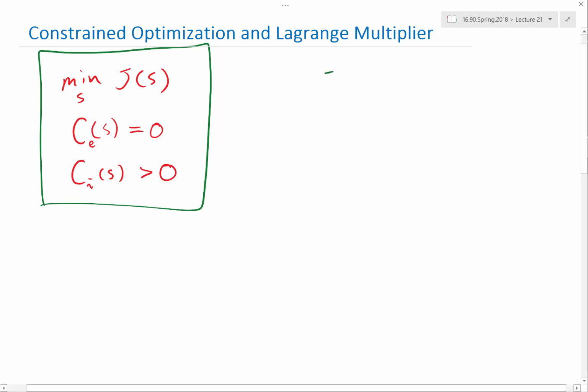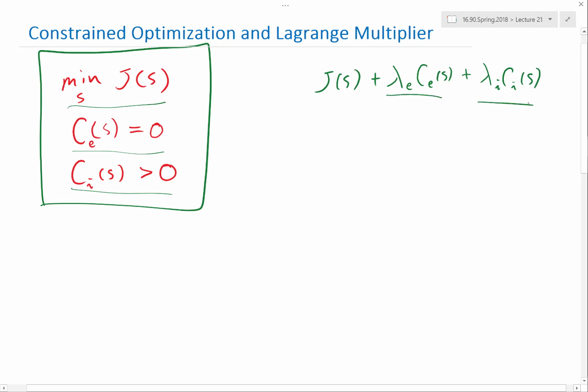And the Lagrangian is the J of S plus a certain Lagrange multiplier, let's say lambda E times CE of S, plus another Lagrange multiplier lambda I times CI of S. If I'm minimizing the objective function and I'm satisfying these constraints, then both of these terms I'm adding should be what?